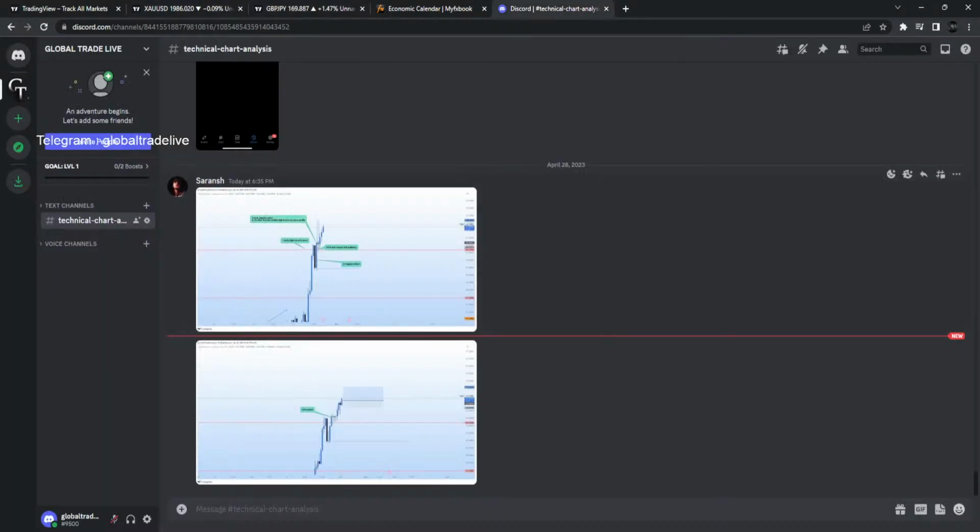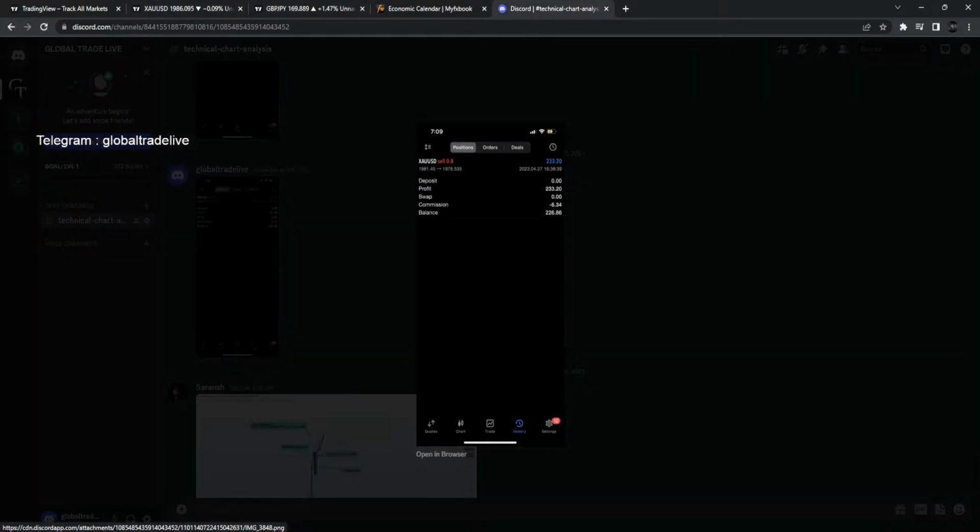And look what happened: $233 came in a 0.40 lot. This is 0.8, but 0.4 I closed at break even. So in 0.4 it gave me $233.